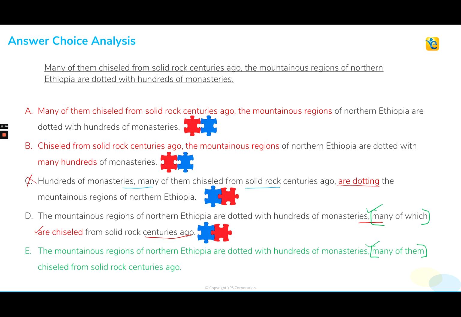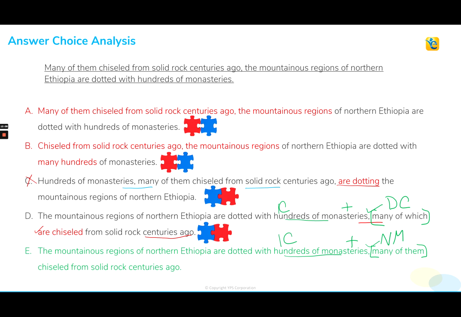Over here, we have an independent clause which is connected to a dependent clause that acts as a modifier for hundreds of monasteries. And in choice E, we have an independent clause plus a noun modifier that again modifies the preceding noun, hundreds of monasteries. So both these structures work absolutely fine in the context of this sentence.